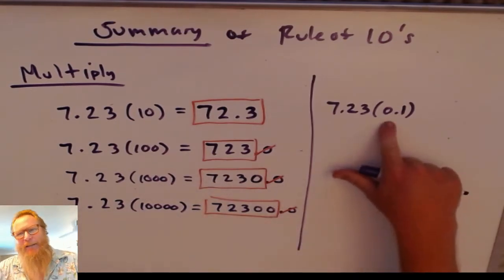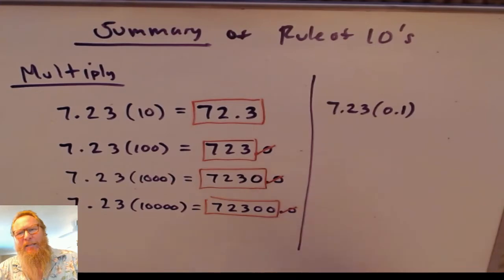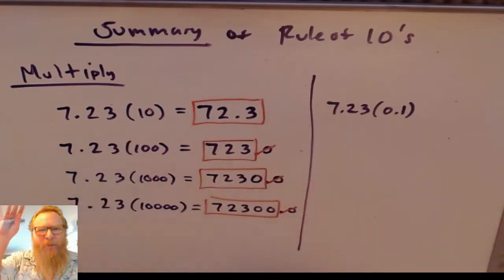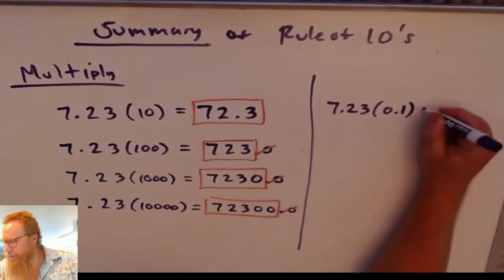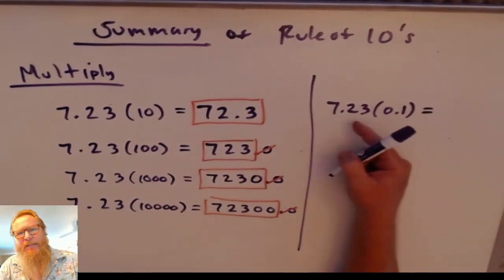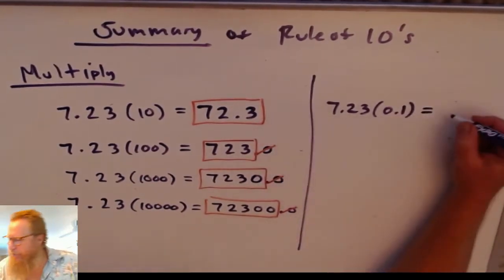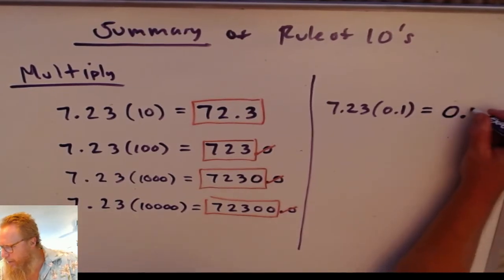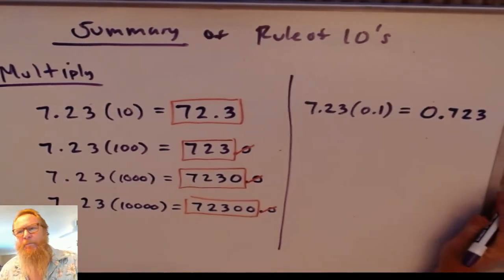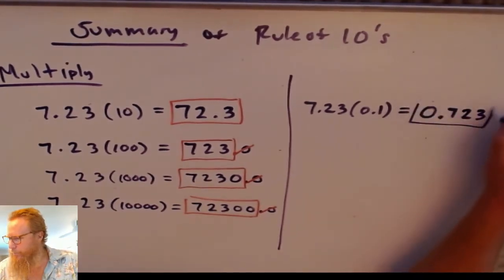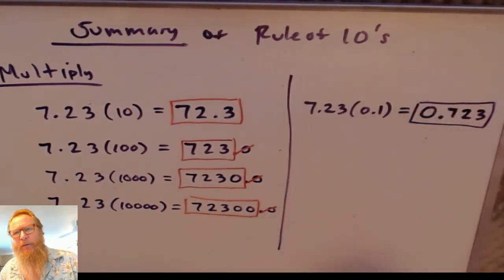So this is technically still a power of 10, and so you're going to move it the other way. So memorize, large powers go right, small powers go left. So we would move this decimal to the left one place, and you'd get 0.723, or 723 thousandths.